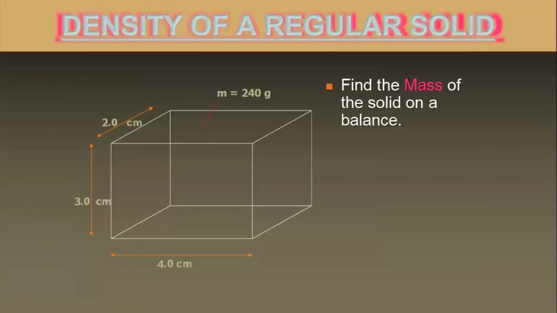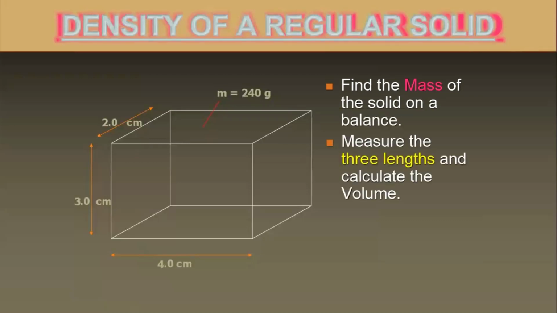So we find the mass of the solid on a balance. That is the first step. Number 2, measure the three lengths and calculate the volume. The volume of a cuboid is length times width times height. Then calculate the density.